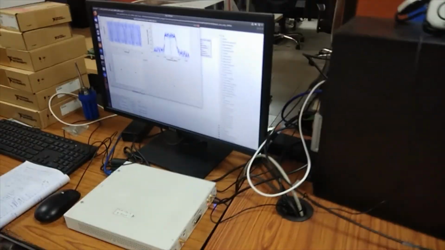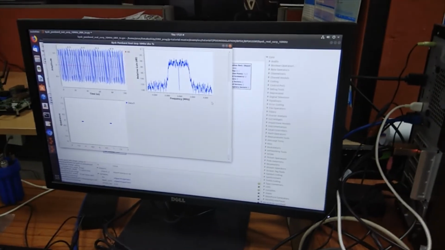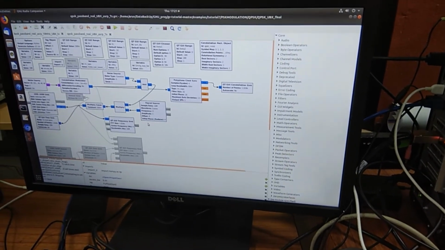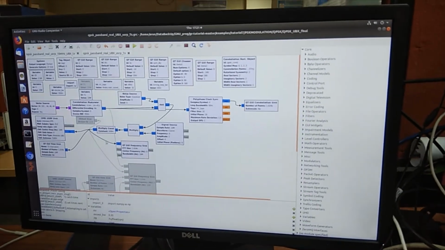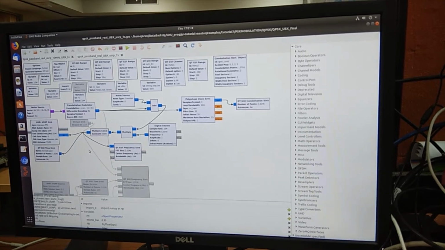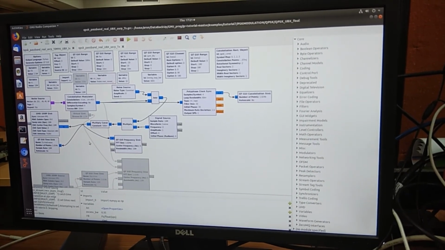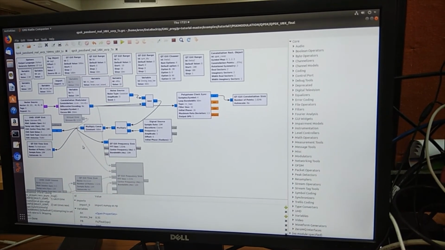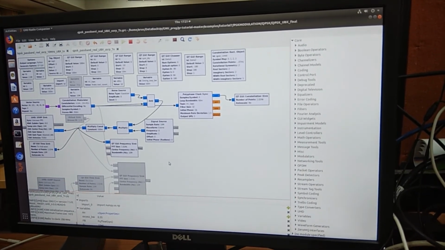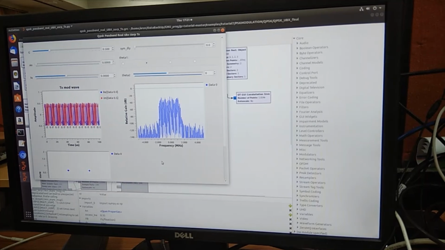Now I'll move to the next modulation scheme, that is QPSK. In the QPSK also we use the same parameters: the carrier frequency is 10 MHz, samples per symbol is equal to 4. Therefore we have the same bandwidth but different constellation diagram.